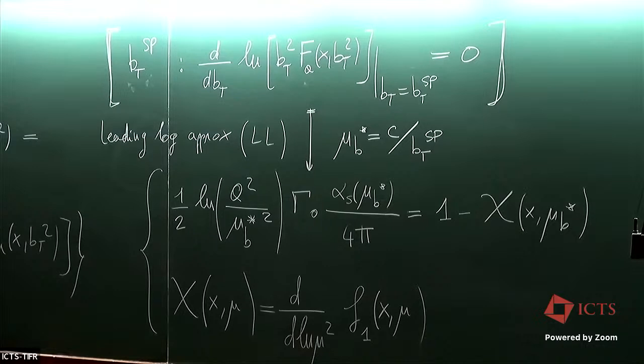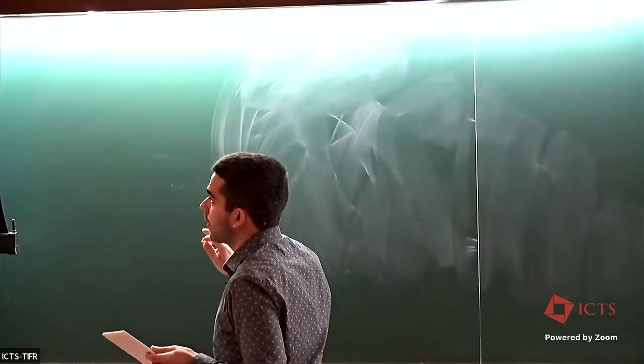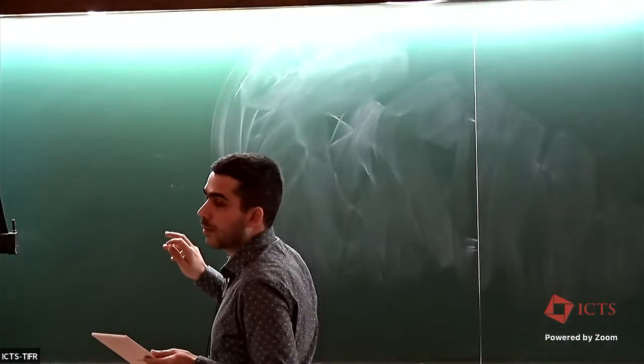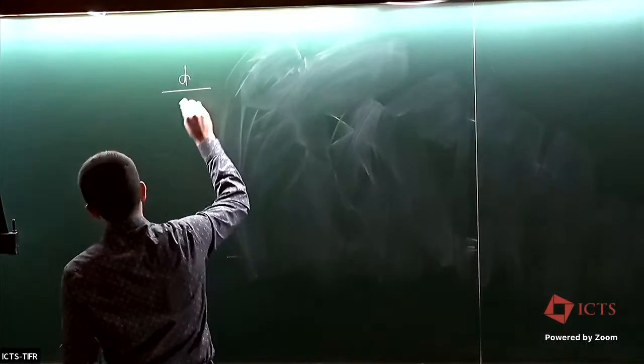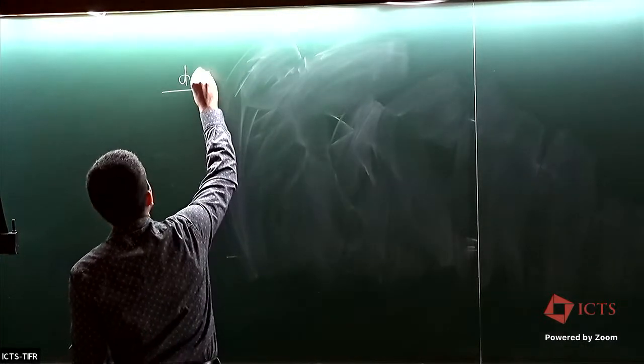Okay, so this is actually pretty useful. Let's try to calculate what alpha strong, the coupling constant, is as a function of mu. So you can use the RG equation for alpha strong.